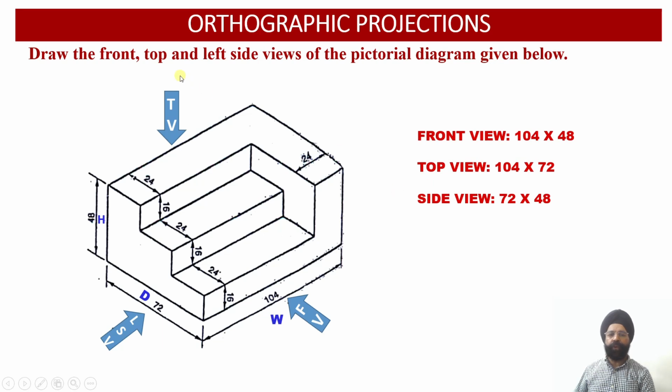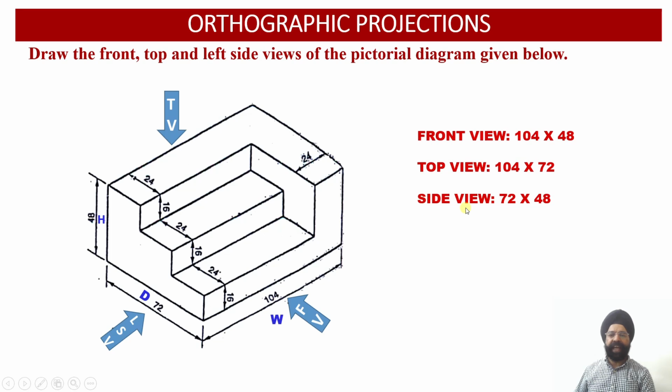Then in the top view, we are able to witness the width of the solid, which is equal to 104 millimeter, and the depth of the solid, which happens to be 72 millimeter. So the top view of this orthographic projection should be drawn as 104 millimeter by 72 millimeter.